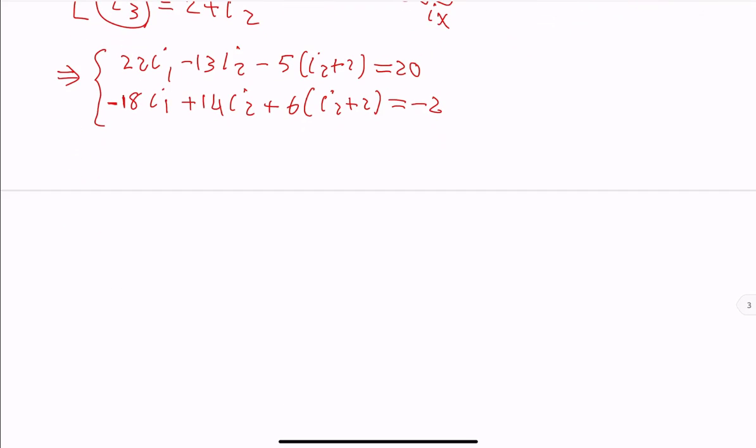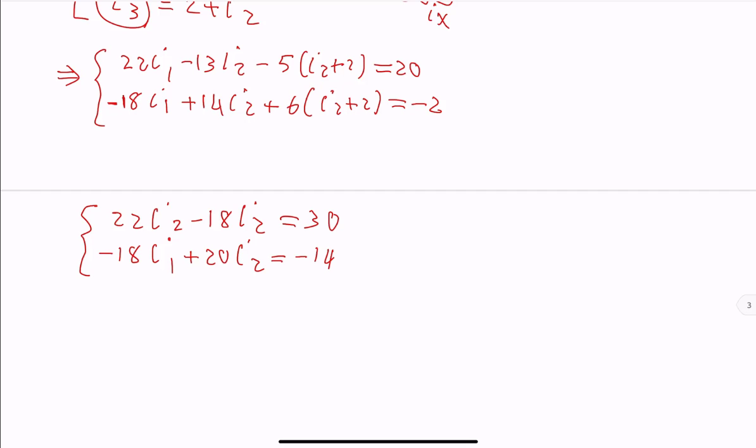And simplify those a little bit further. 22 I1 minus 18 I2 equal to 30, and negative 18 I1 plus 20 I2 equal to negative 14.